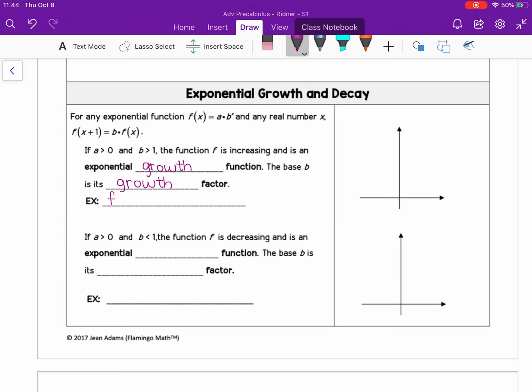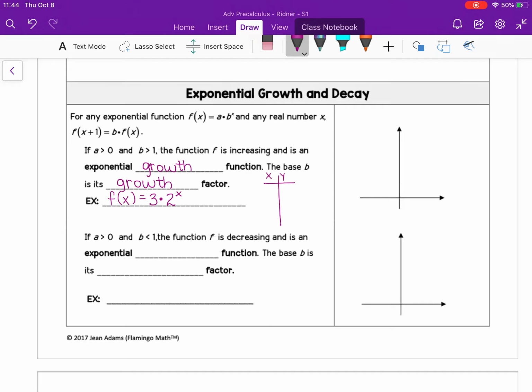So let's say that I have f of x equals 3 times 2 to the x. A is greater than 0. B is greater than 1 because it's 2. So what that means, think about a little table here.